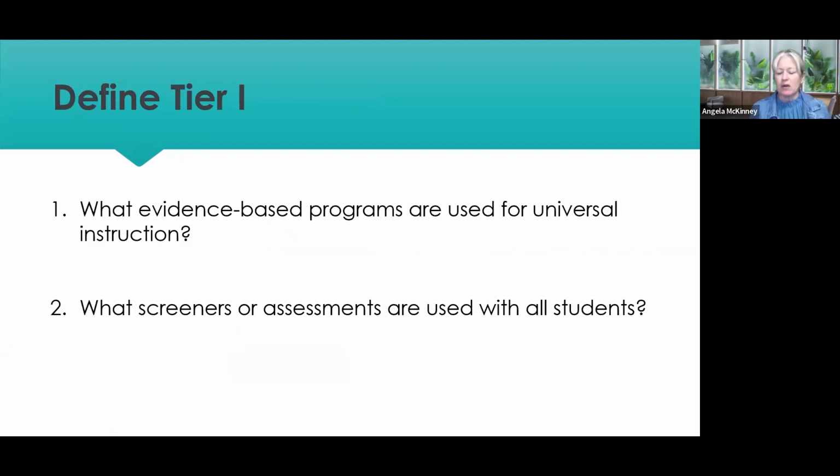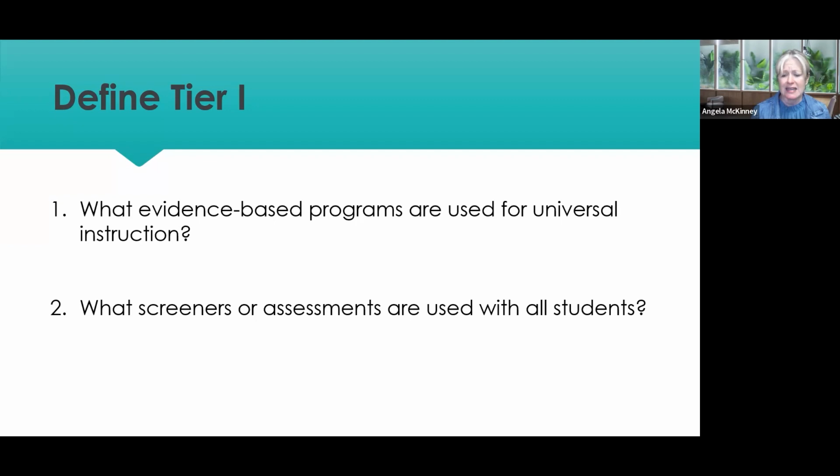All right, so we won't do this together, but I just want you to always be thinking about within your own district, within your own school, how are things going as far as what are you using for your core instruction in all those areas? And what screeners or assessments are you using?